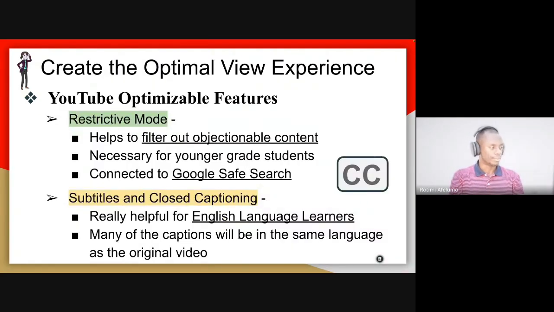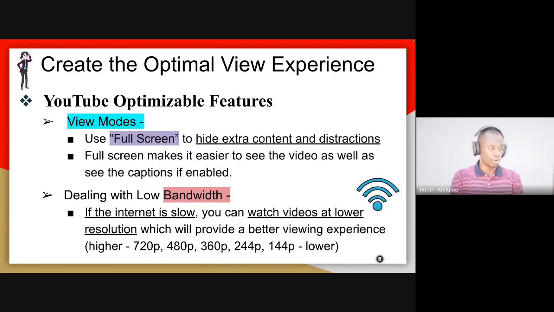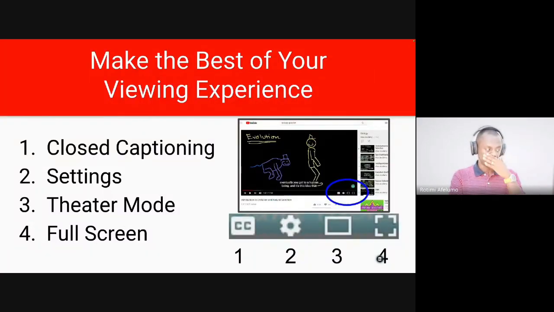You can filter. You can subtitle and closed caption. We'll look at that. View mode, full screen, or normal screen. There's also bandwidth. A lot of us sometimes struggle with bandwidth, and I will also demonstrate how we can manage our bandwidth if we want to keep using YouTube.